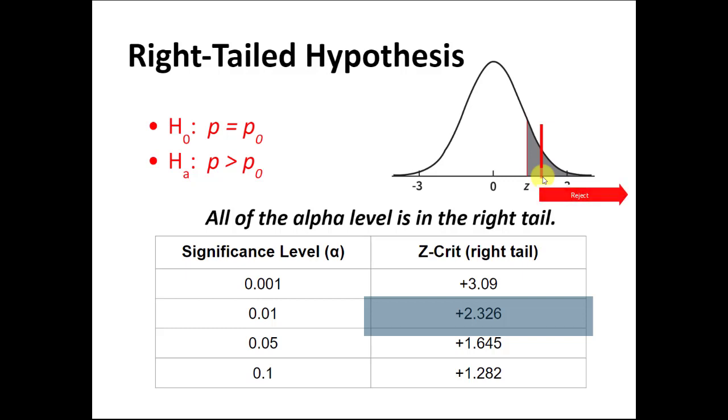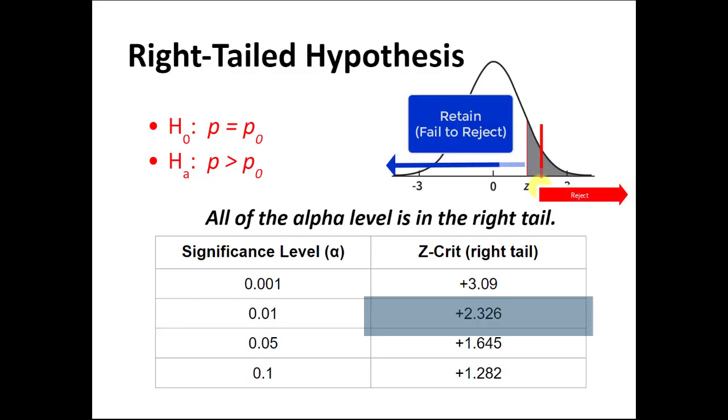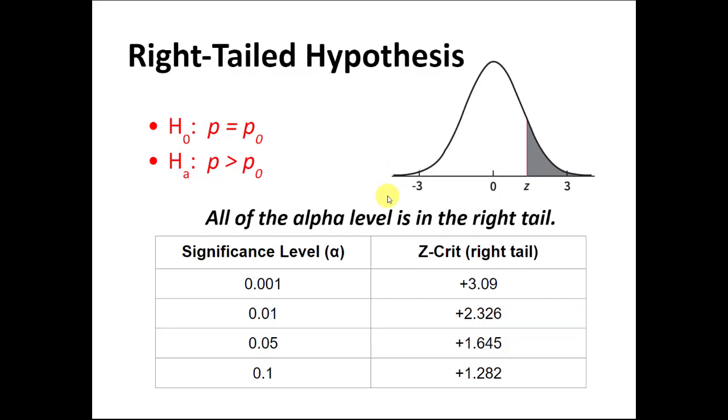If you got a z obtained that is more than 2.326, you're going to reject the null hypothesis. And if you get your z obtained from your sample that is less than 2.326, then you're going to retain the null hypothesis. If you're working with an alpha level of 0.05, your z-crit will be positive 1.645.